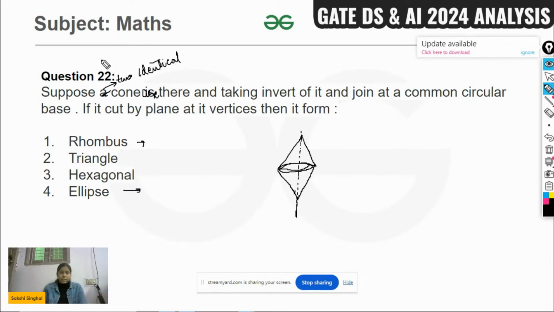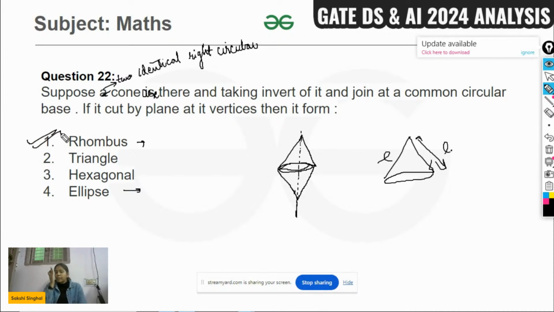Students told me that it is a right circular cone, and because these two cones are identical, their heights and this length would be the same. So you would get a rhombus if I cut it through the vertices.